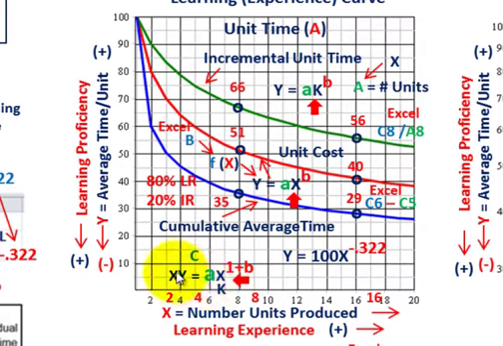We still have x, the number of units, times whatever the cost or hours are for those units, equals a, the cost of the first unit, times, for the incremental time, that k factor instead of x. X is used for the cumulative average time based on the number of units produced, raised to 1 plus b, the learning rate. But with the incremental time, you have to put that k in here. Okay, so that's for our average unit time.